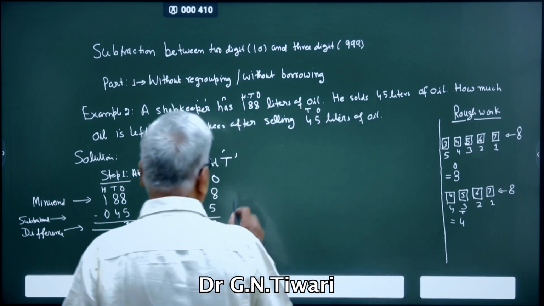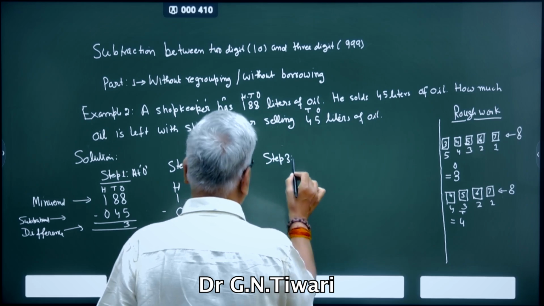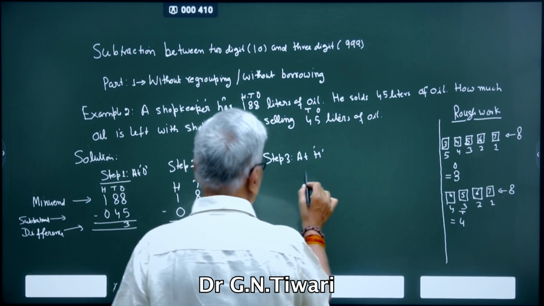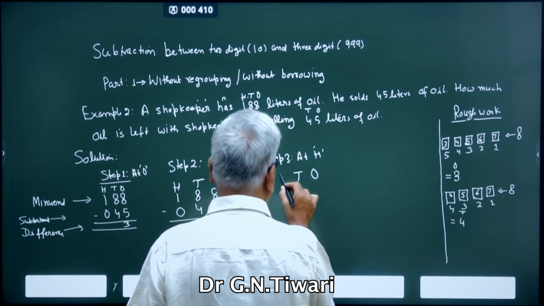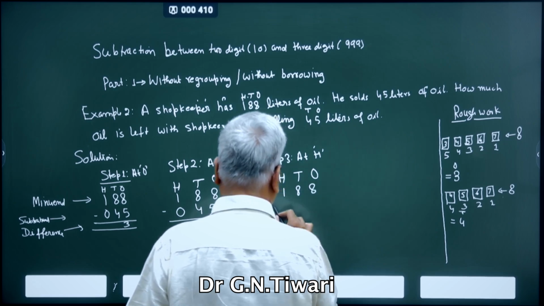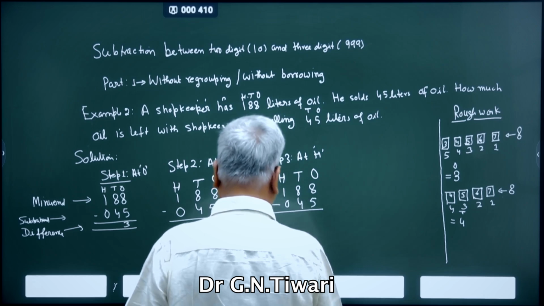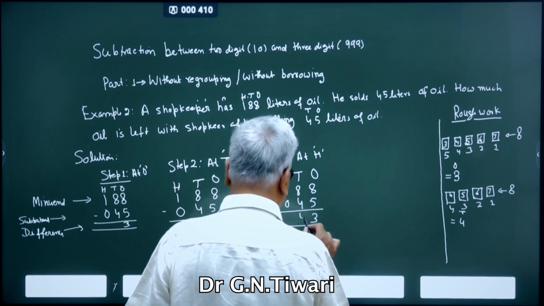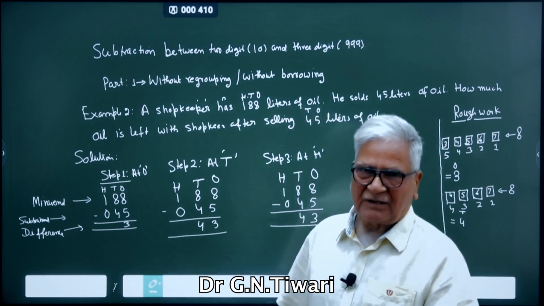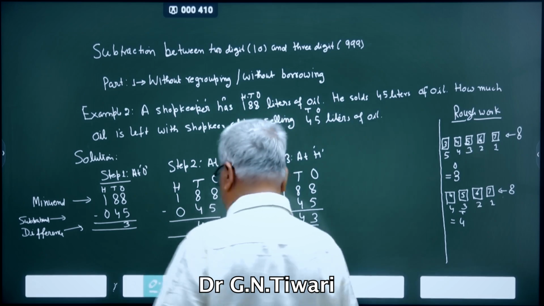So here becomes step 3, at H. OTH, 188 minus 045. Then 3 4. And if you subtract 0 from any number, the result will be the same number. So 1 minus 0 is equal to 1.